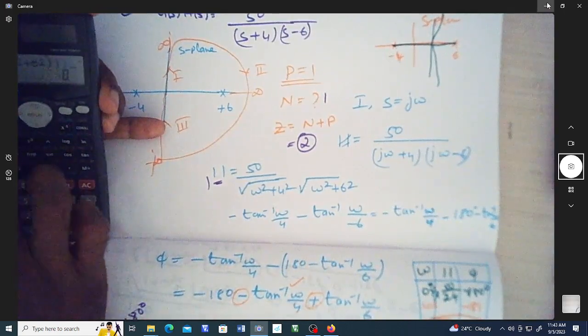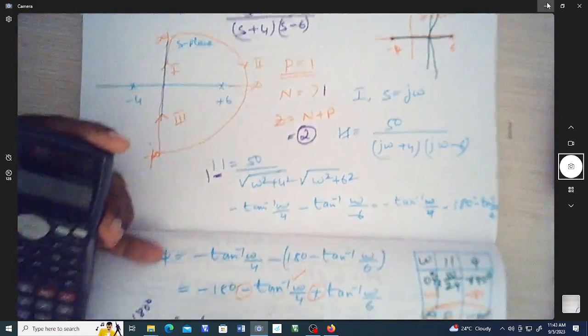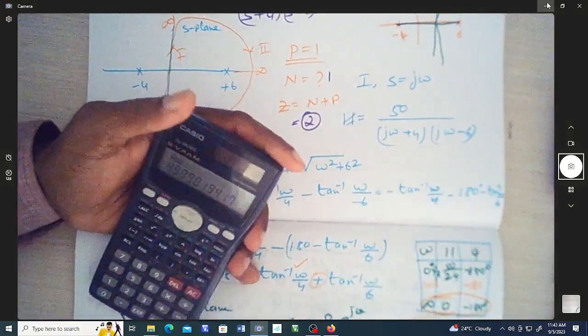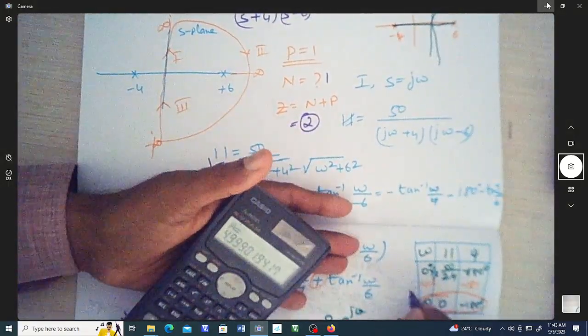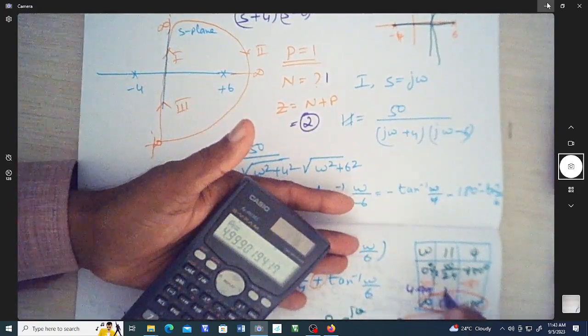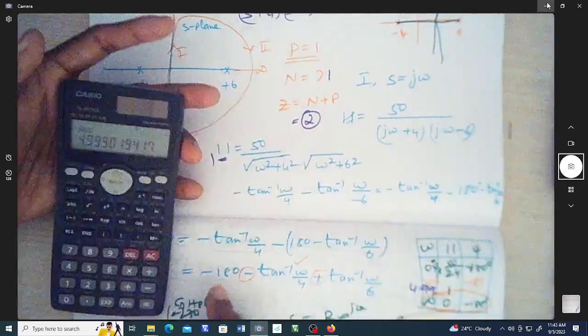Shift calc. Now we are trying to find omega gc. Omega gc is 4.99, at which the magnitude is 1. Let me find the phase at 4.99.